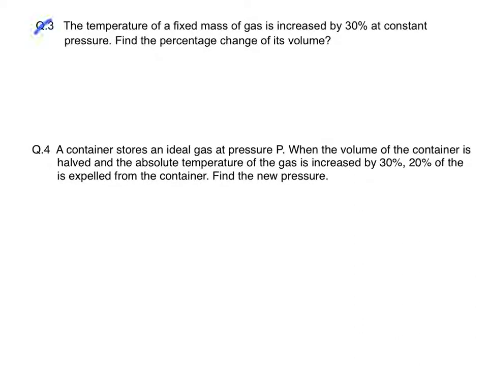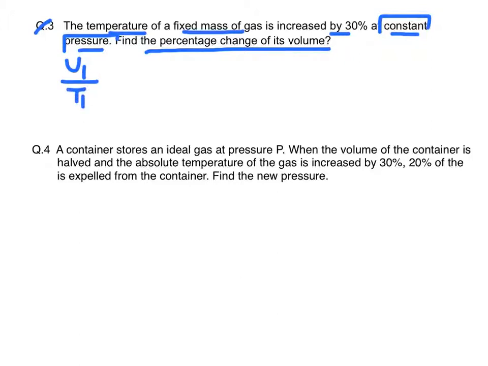Question number 3. The temperature of a fixed mass of gas increased by 30% at constant pressure. Find the percentage change of its volume. Since the pressure is constant, we should use the equation V1 over T1 equal to V2 over T2.